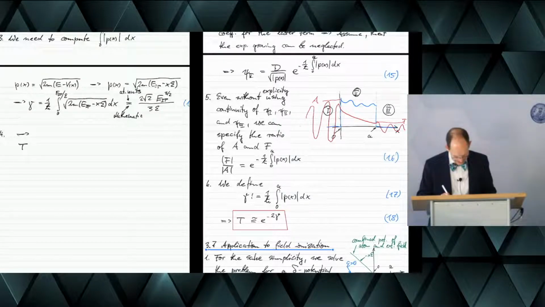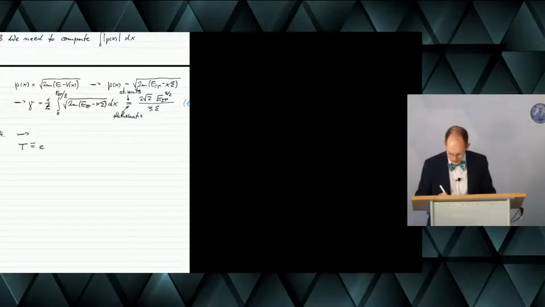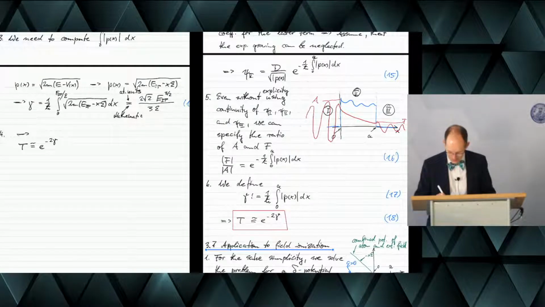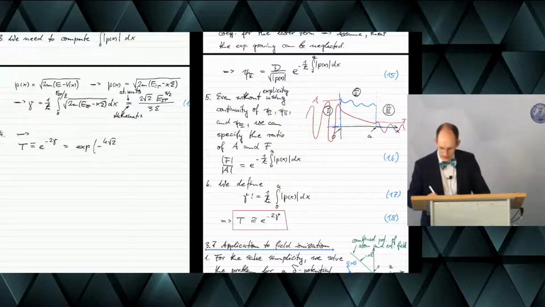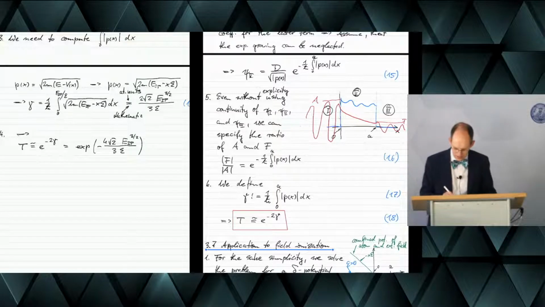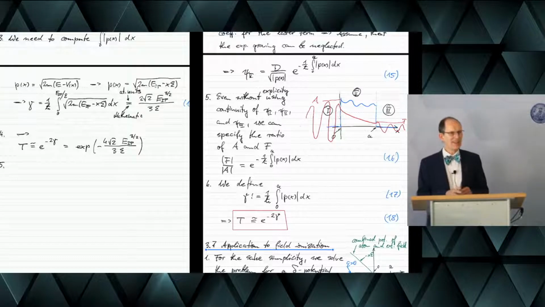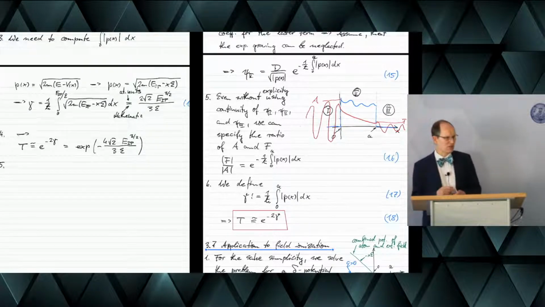What follows is that the tunneling probability is e to the minus 2 gamma, and therefore we have the exponential of minus 4 times the square root of 2 times the ionization potential to the power of 1.5, divided by 3 times the electric field strength E. Okay, so we have a nice expression for that.